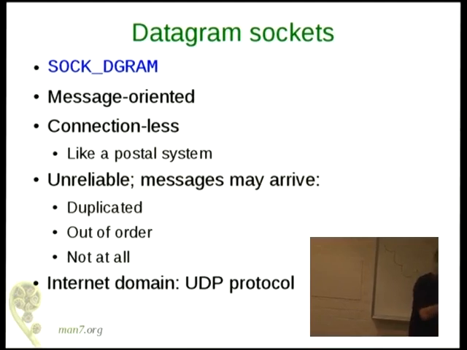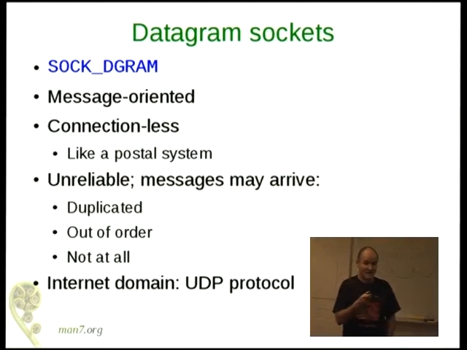It's unreliable. What that means is messages may be duplicated, they may arrive out of order, or they might not arrive at all. Your application level logic has to handle that possibility. In the internet domain, datagram sockets are implemented using the UDP protocol.